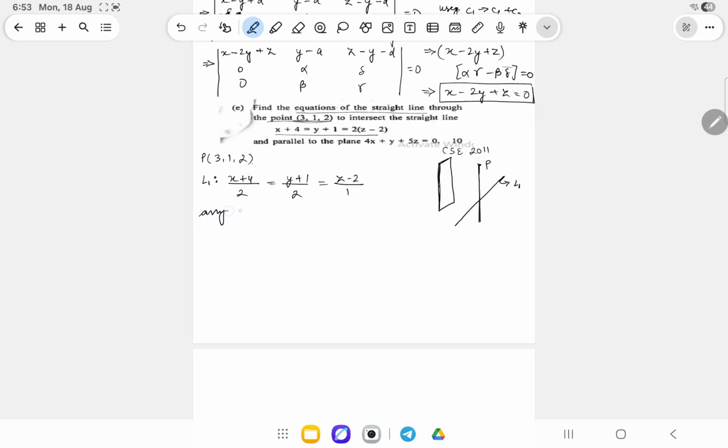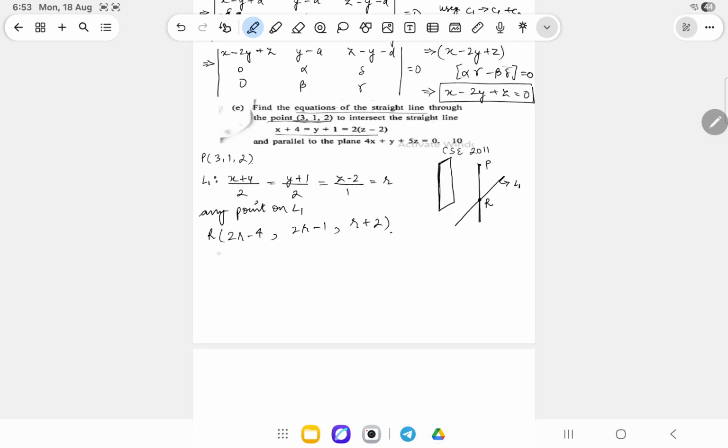Any arbitrary point on L1 will be of the form, let us equate it with r: (2r minus 4, 2r minus 1, r plus 2). Let the intersecting point be R. For some value of small r, this line PR must intersect line L1.